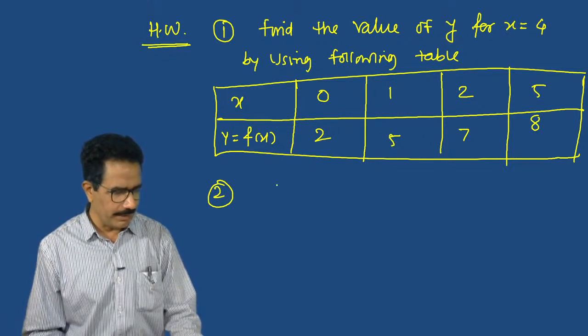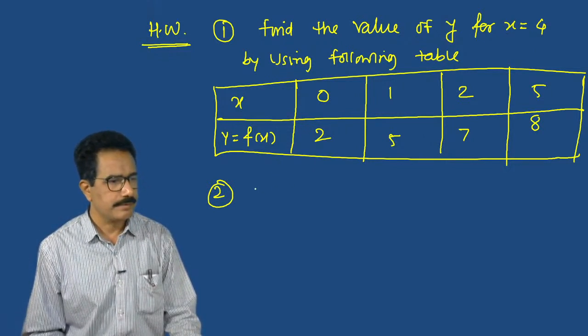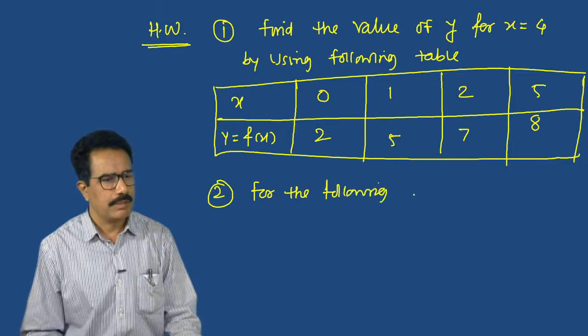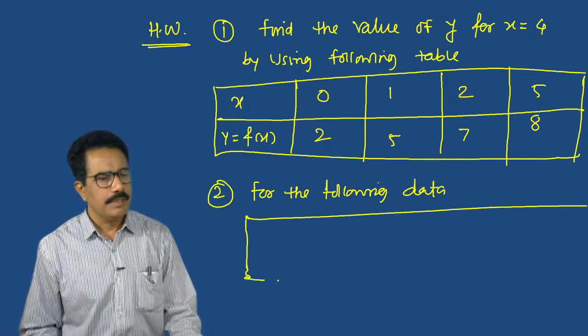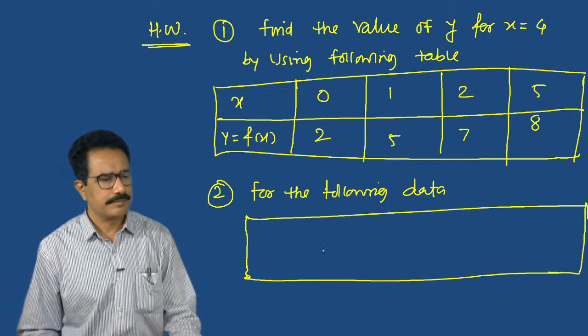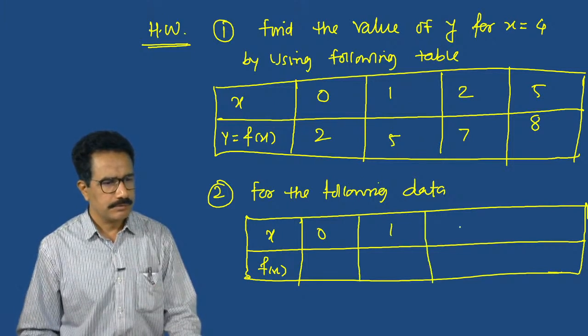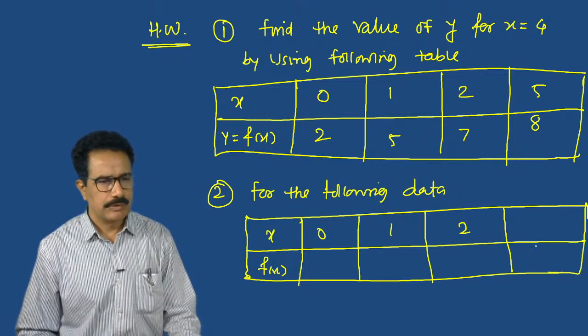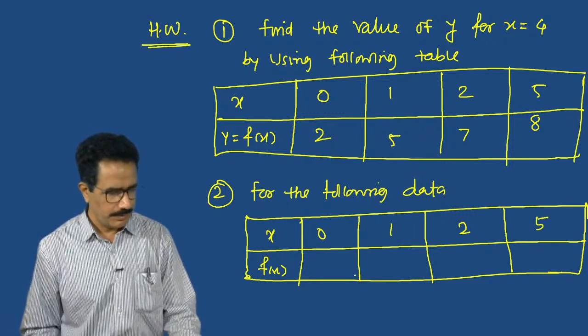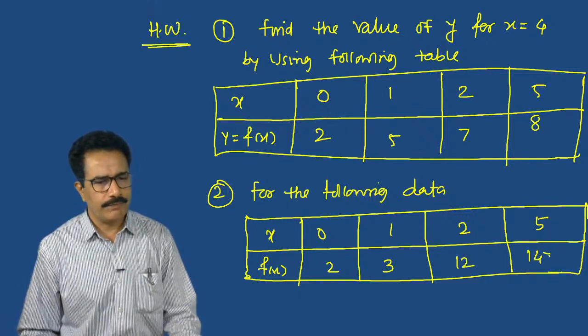For the following table data, for the following data x, f of x: 0 1 2 5, 2 3 12 147.